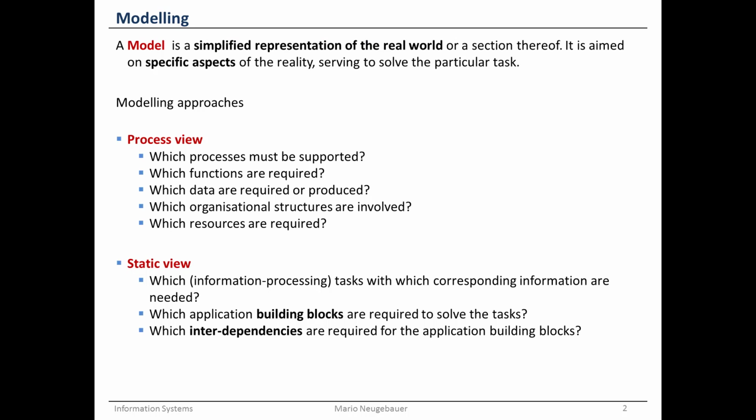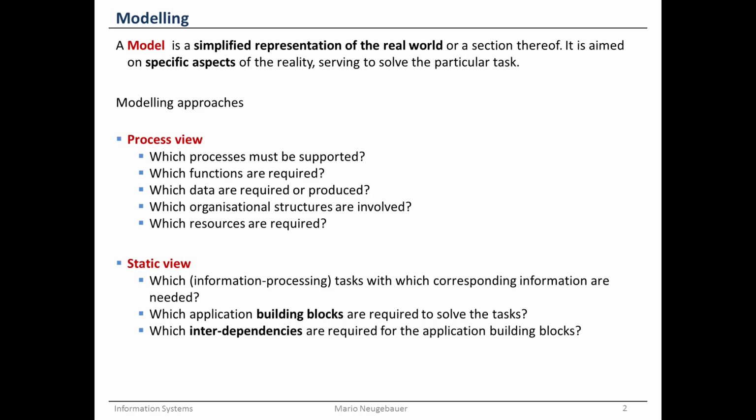You look onto the real world, for example, your business process or your production process or your activities which somehow need to be done to reach a certain goal. And if you want to model what is important for reaching that goal or for performing that production, then you take out of the reality only the specific aspects which are important for you in performing your business process.